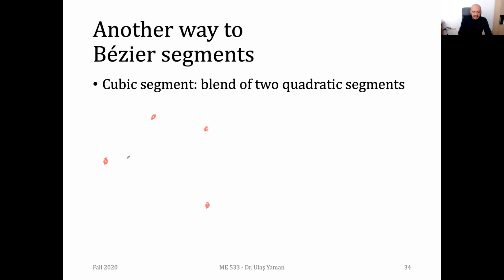In order to obtain this final cubic segment, we need to obtain the quadratic segments first and then join them together in a similar way to the quadratic case. So let's assume that we are working on these 2 linear parts first, and let me use a different color.